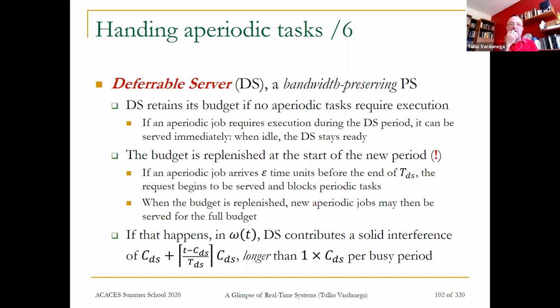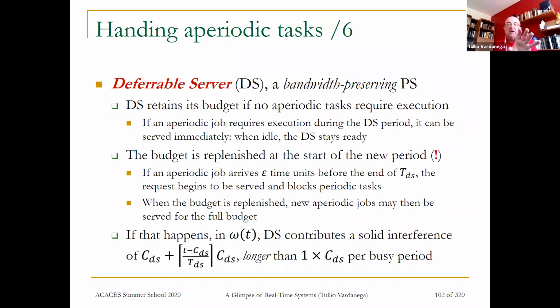But now consider a situation in which this guy is still having a little bit of budget near the period of replenishment. It is exhausting its budget, and it is pushing the service of aperiodic tasks until the end of its period.